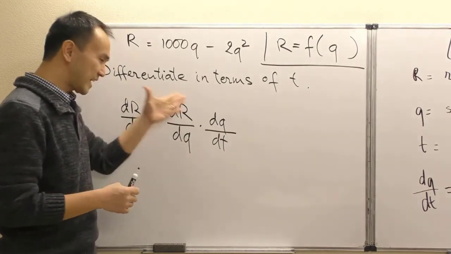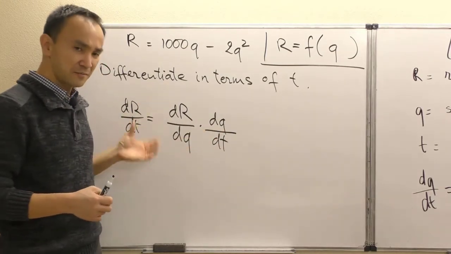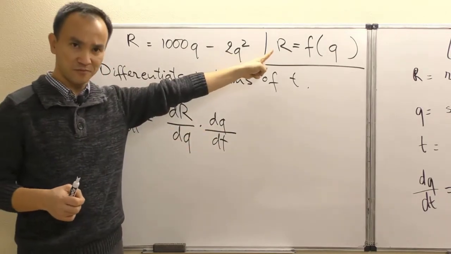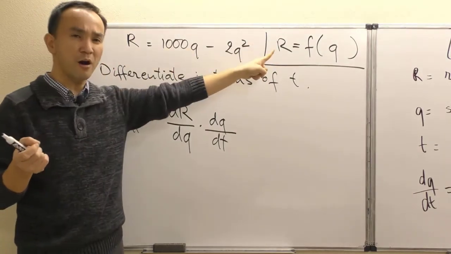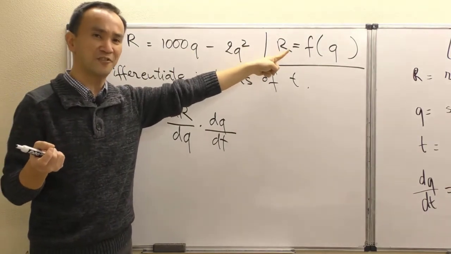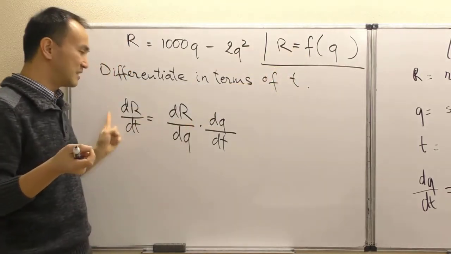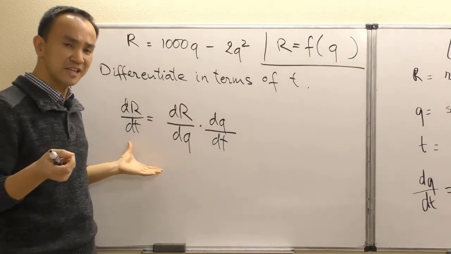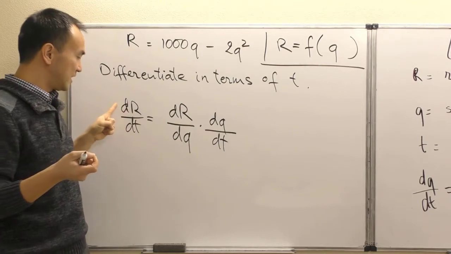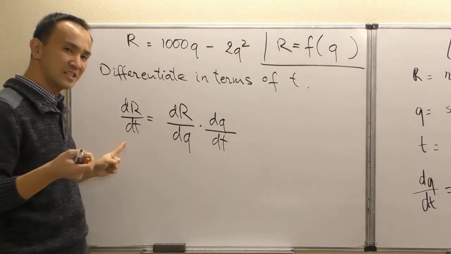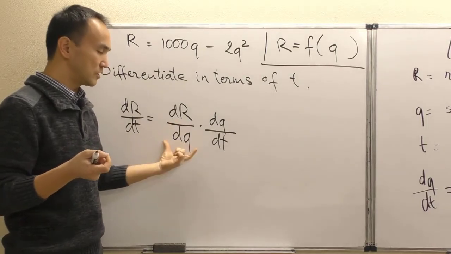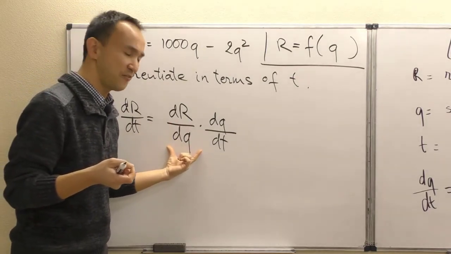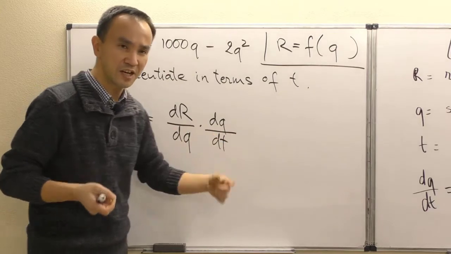The reason I can use that understanding from that separate lecture is simply because from that key observation, I observed that this equation already expressed our variable R as a function of Q. That's why differentiating in terms of t really is just applying the chain rule. We want to find the derivative dR/dt, and that is equal to dR/dQ, the derivative of the outer function, multiplied with the derivative of the inside function.